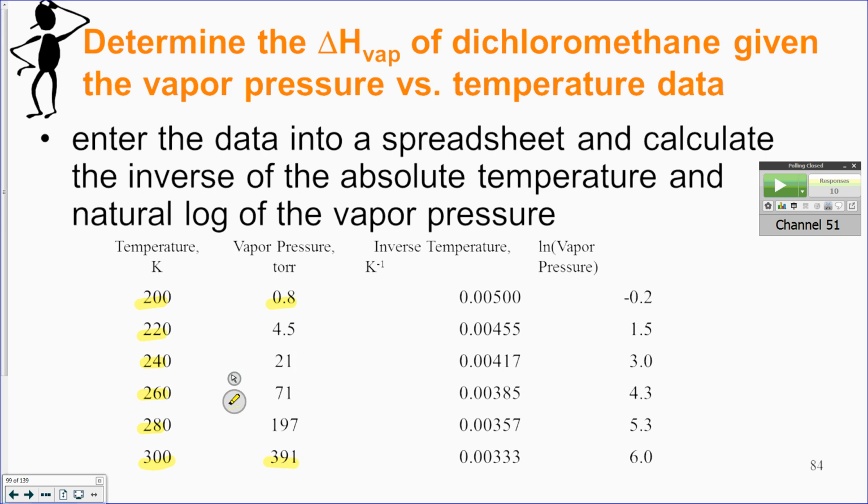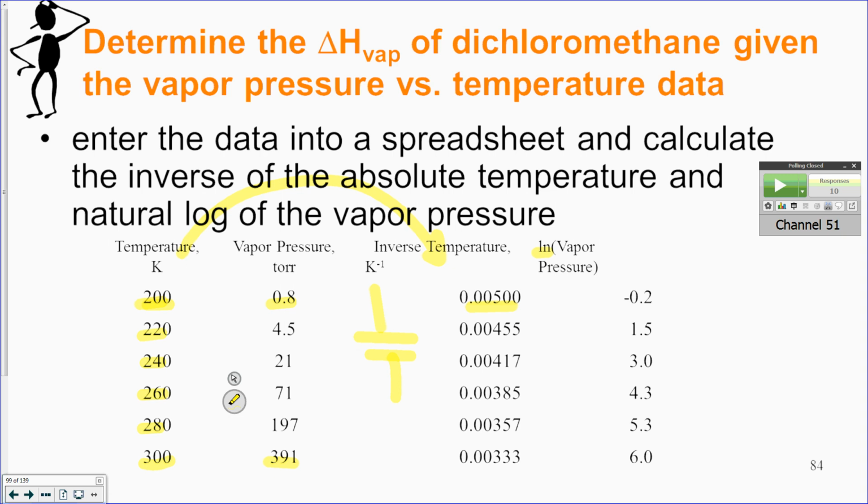and at 300 degrees it went up to 0.9 or 391. We converted the temperature, already in Kelvin, into inverse Kelvin by simply taking 1 over T. So the 200 becomes 0.005, and the same is true for the others. On the vapor pressure, we simply took the natural log of it. Make sure on your calculator you know the difference between Ln and Log. Ln is base e, Log is base 10.